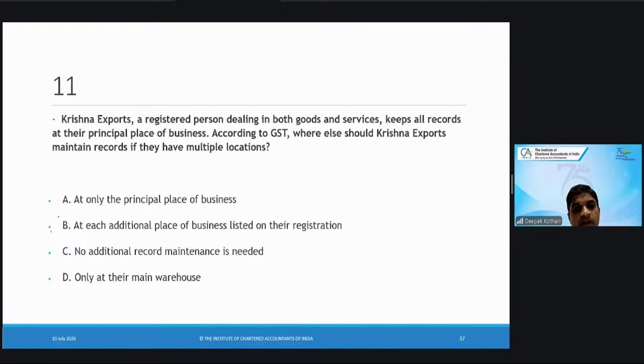Yeah. At each additional place of business listed on their registration, they have to maintain records. Okay. So if there are multiple locations, at those locations also records are to be maintained.